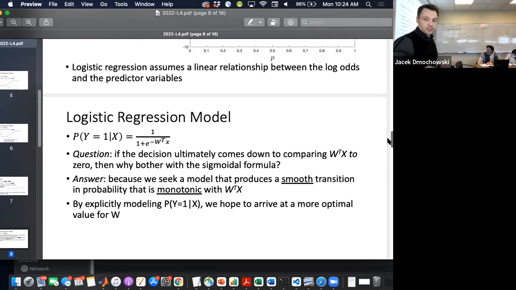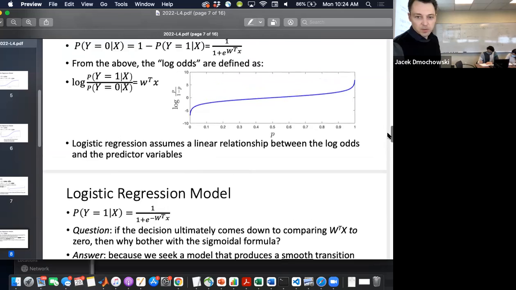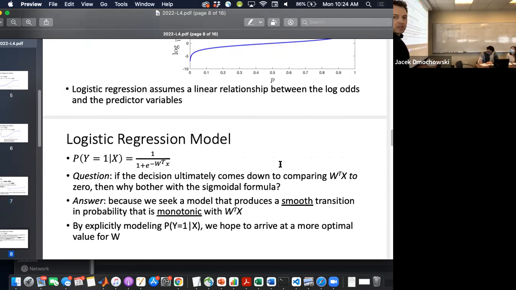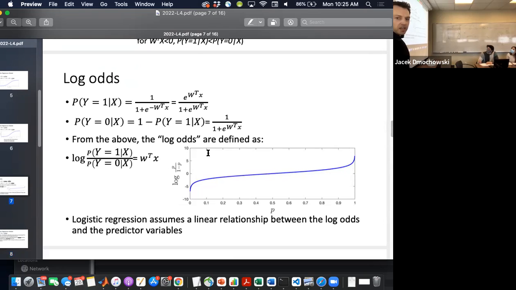Notice that, and this is another thing that I spent quite a bit of time thinking about. Really all we need to know is whether this is positive or negative, right? That's all we need to make our decision. So why do we bother with the sigmoidal formula to begin with, if we can make our decision just based on a linear function of our data?